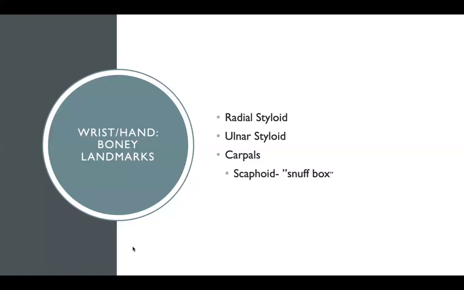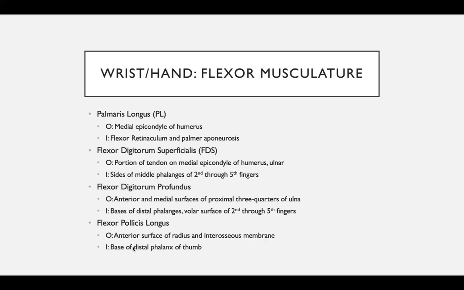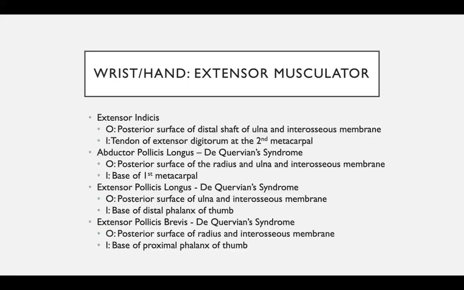So the wrist and hand bony landmarks are the radial styloid, the ulnar styloid, and the carpals, specifically the scaphoid, which forms the snuff box. The wrist and hand flexor musculature we've kind of already talked about due to them originating at the medial epicondyle of the elbow. We have the palmaris longus, the flexor digitorum superficialis, the flexor digitorum profundus, and the flexor pollicis longus.